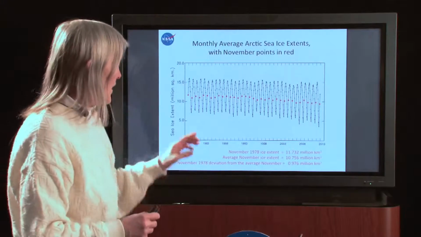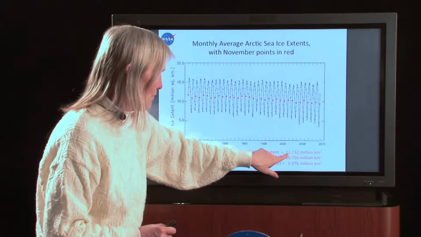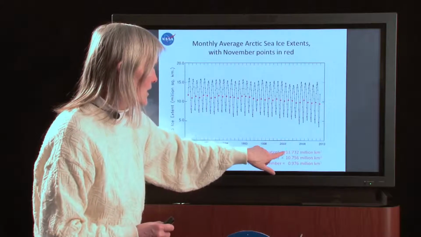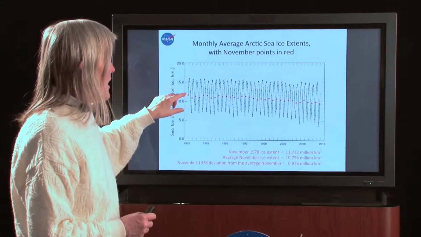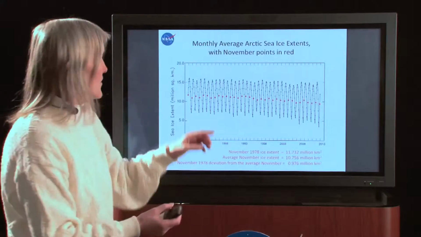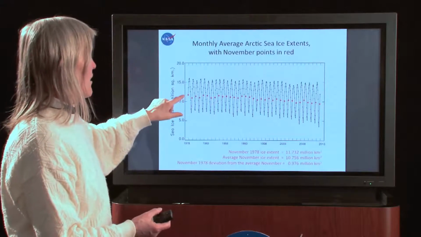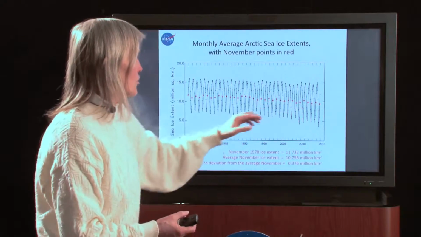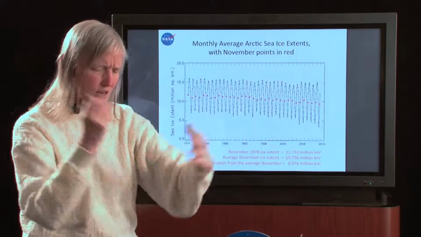And the way to do that is you compare the November ice extent for 1978, 11.782 million square kilometers, and you subtract the average of all the Novembers. I've highlighted in red here the Novembers. So we're no longer confusing November with December and January and February and March.